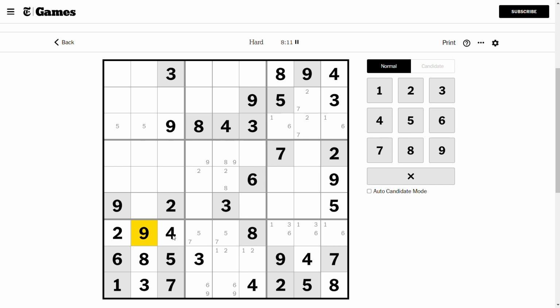I'm trying to see if there's anything to follow up on. Maybe not, I don't know. I don't see it right now, but we'll get to that later. Alright. Didn't see these 3s earlier.